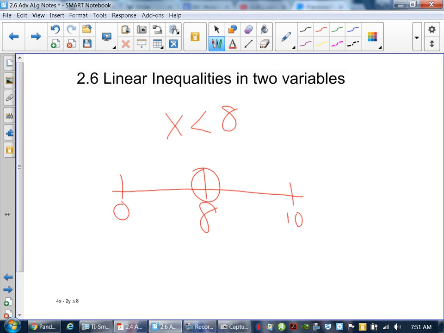It doesn't have to be scaled. Now you're testing which side has to be shaded. Well, if I put 0 in for x, is 0 less than 8? Yes. So it's going this way. You always cover the truth. You want to be a shady character. All right?